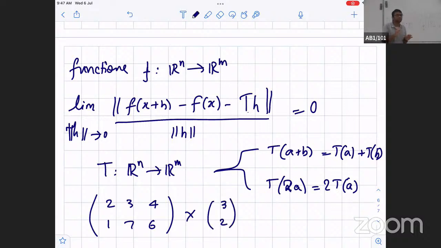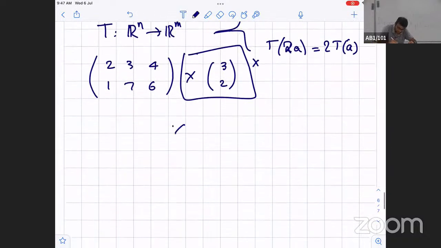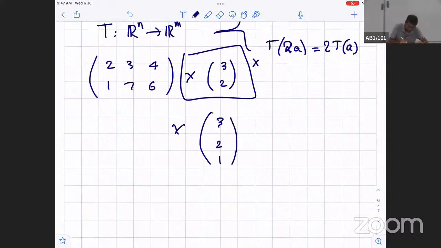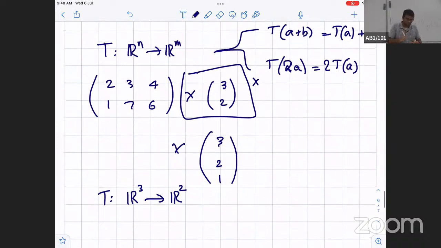No, this is not possible. Whereas I can multiply it with the 3 2 1 vector. So this example is a function from R3 to R2. Matrix multiplication is a function from R3 to R2. For this example it is R3 to R2, but depending upon the dimensions of your matrix, it's an appropriate function.